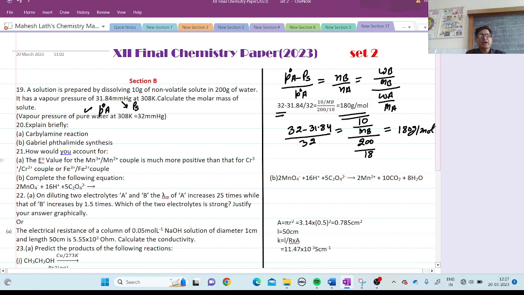Explain briefly carbylamine reaction. Primary amine RNH2 plus chloroform CHCl3 plus alcoholic KOH gives 3 KCl and 3 water.